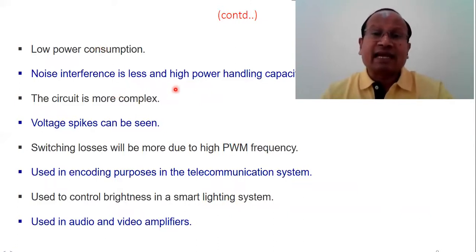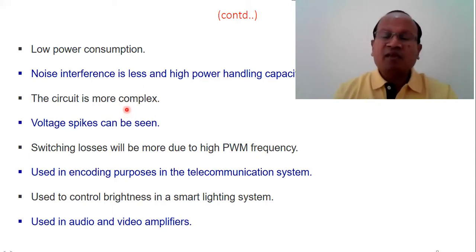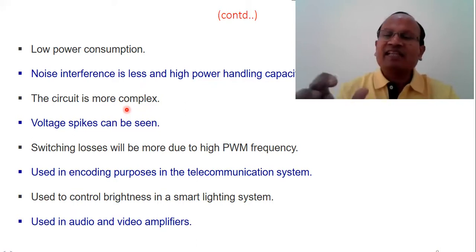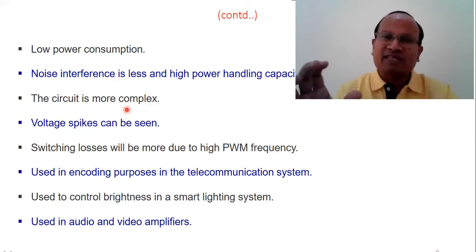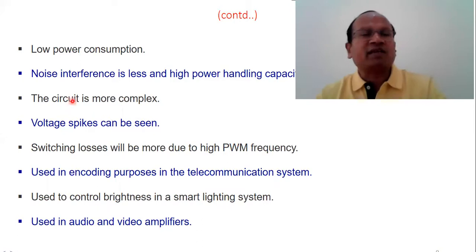Noise interference is less, and there is high power handling capacity because power loss is less here. The circuit is a little complex because in pulse amplitude modulation you only have to change the amplitude. Here, width will change, somewhere width will be less, somewhere it will be larger. So the arrangement to generate the samples in variable time or frequency demands some complexity.